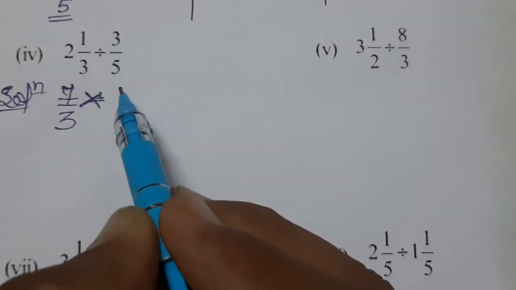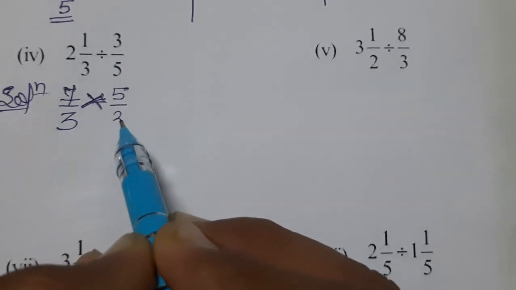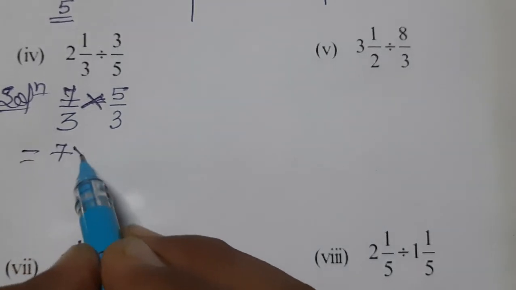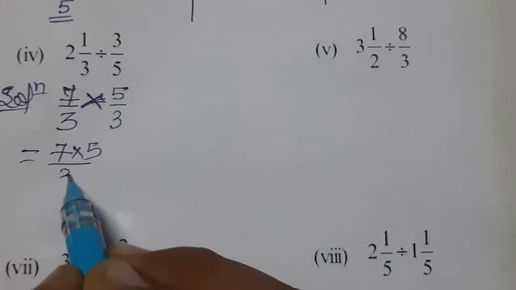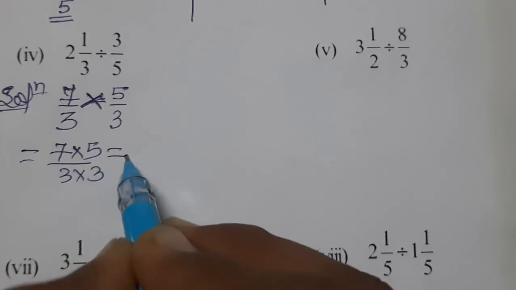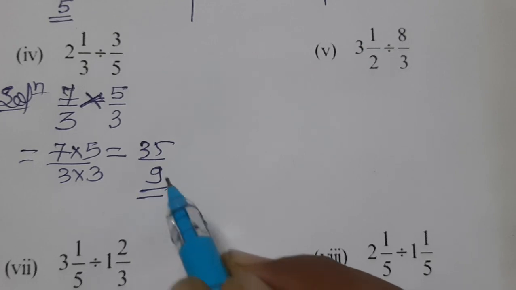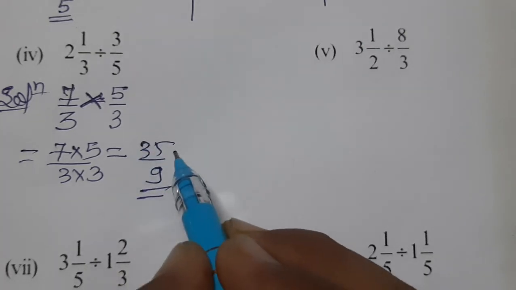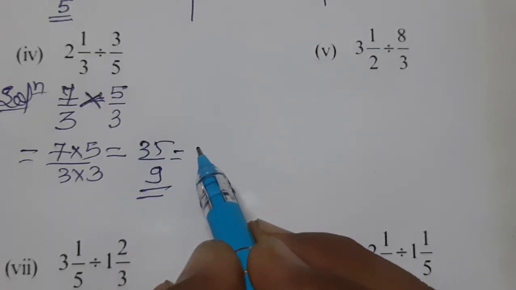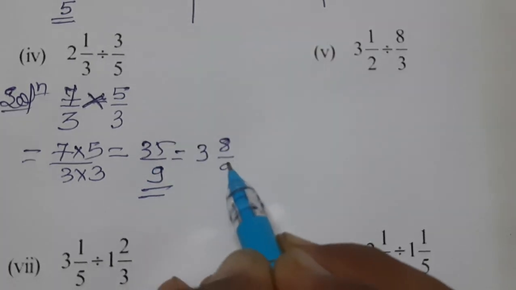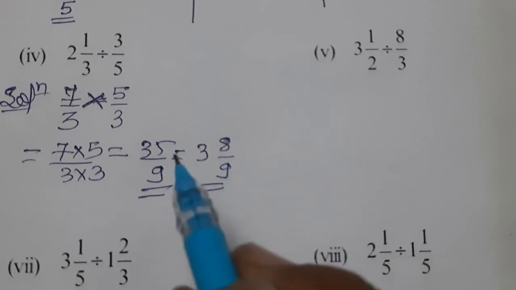What is reciprocal of 3 by 5? 5 by 3. Now multiply numerator with numerator and denominator with denominator. 7 5s are 35 and 3 3s are 9. And now this is improper, so we can convert also in mixed fraction. 3 8 by 9. We can convert in mixed fraction if it is improper.